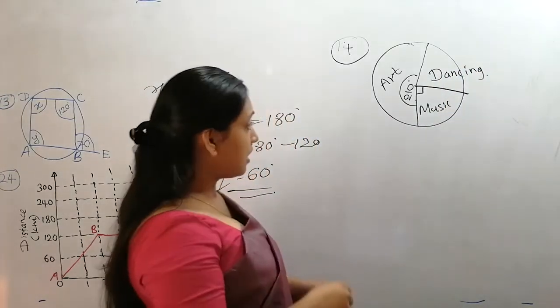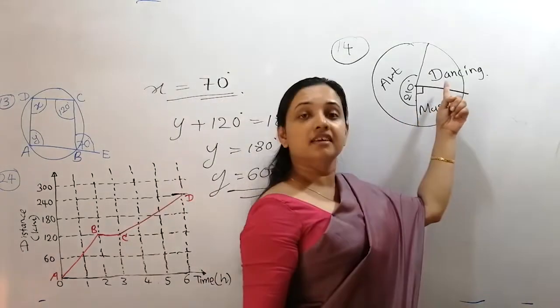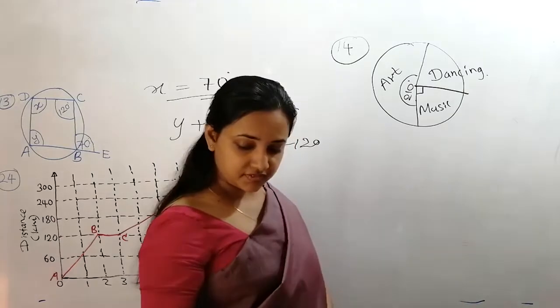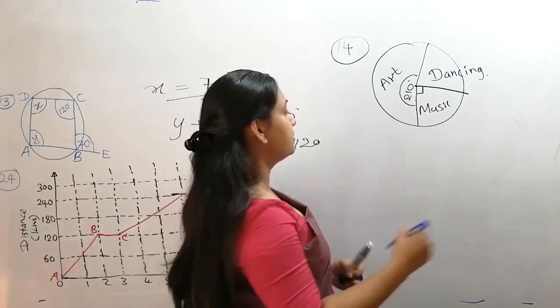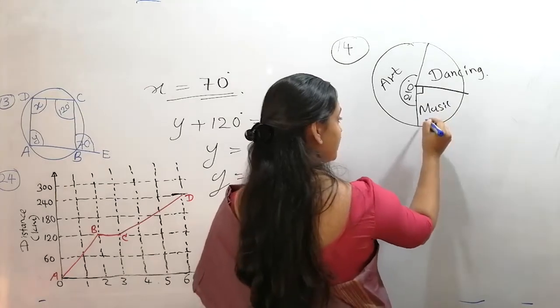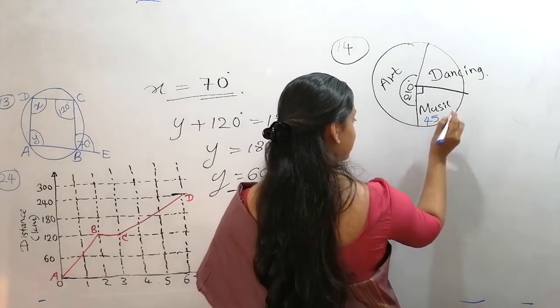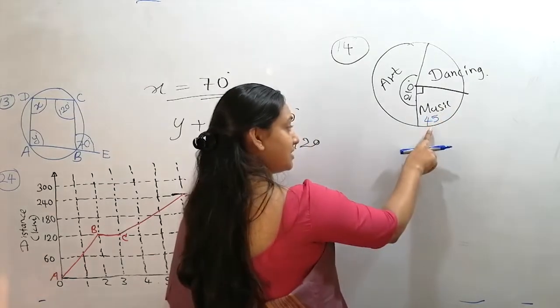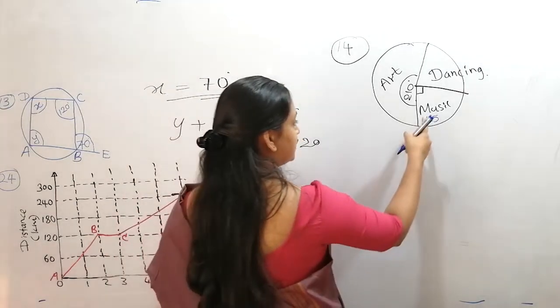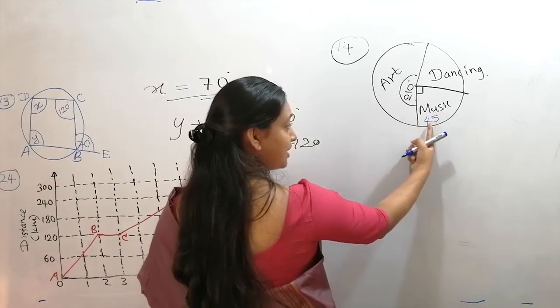We have to find how many students study dancing. Here, the angle for music is 90 degrees and the number of students who study music is 45. That means 90 degrees will represent 45 students.